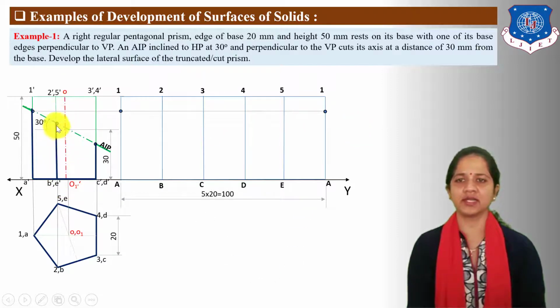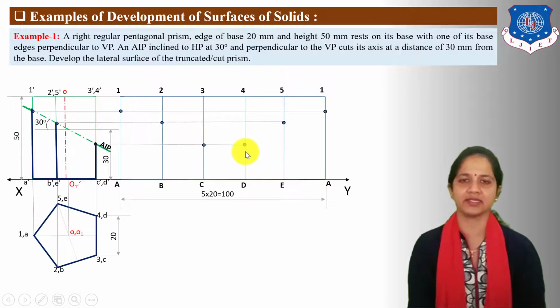Next, transfer the cutting points of 2'b' and 5'e' longer edges horizontally in development and mark cutting points on 2B and 5E vertical edges. Next, transfer the cutting points of 3'c' and 4'd' vertical edges horizontally in development and locate the cutting points on 3C and 4D vertical edges.